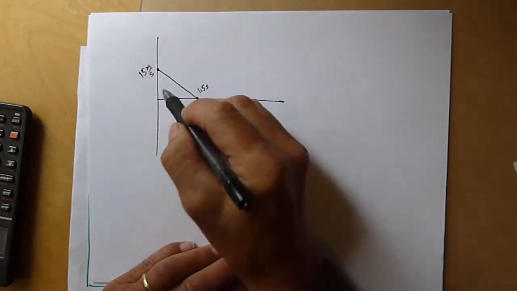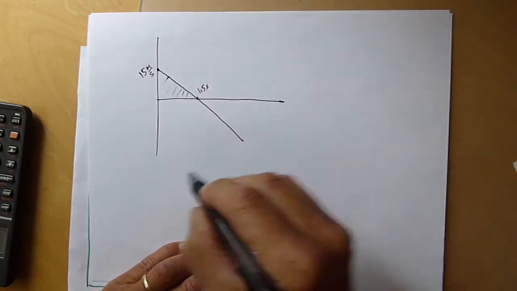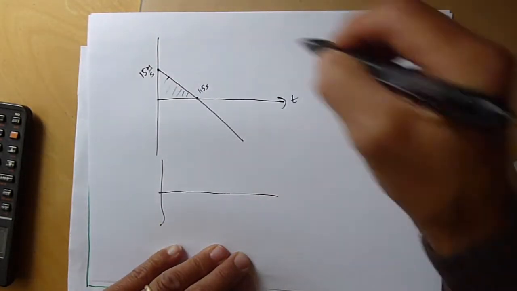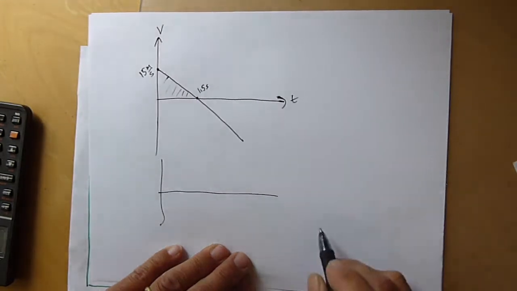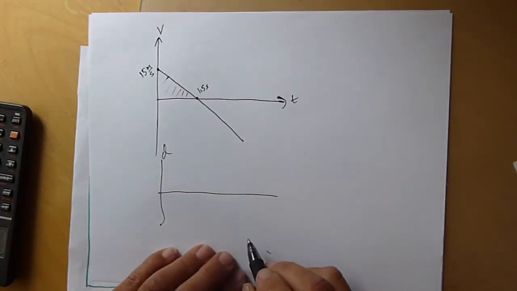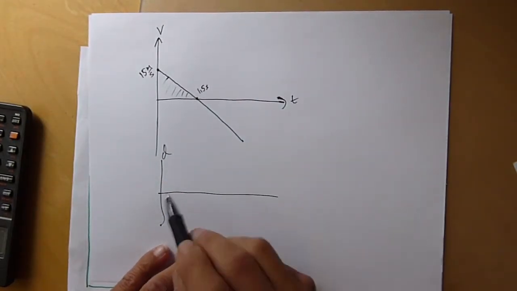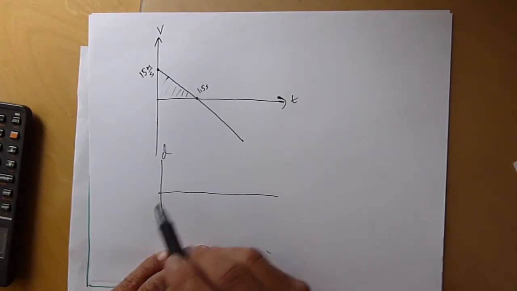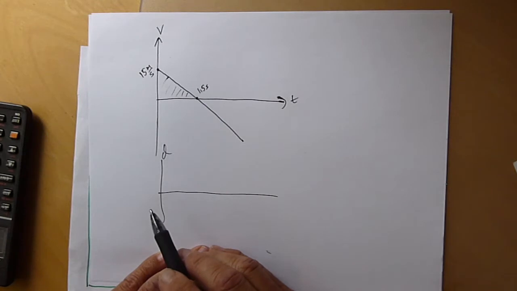This has the important result that the displacement versus time, remember this was time, this was velocity, this is displacement, is going to start off positive, and it's still going to be increasing for that whole 1.5 seconds.